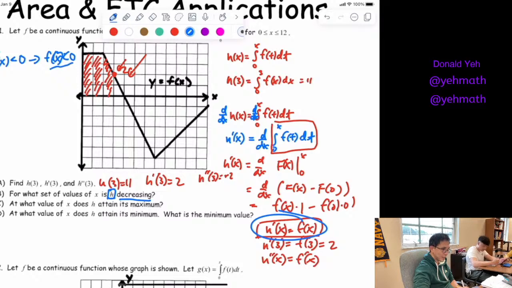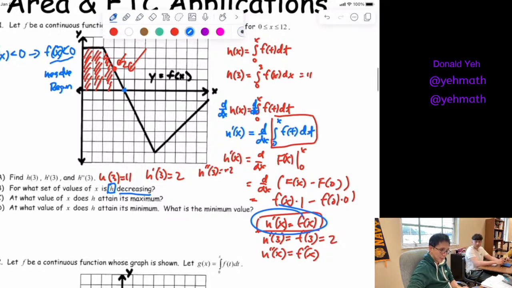When it's less than 0, that means negative region, and that's going to give you decreasing, which from here on is all below the x-axis. So it's going to be from 4 to 12. And why do I know it's 12? Because 0 to 12 here is the restriction. So you're going to do a parenthesis from 4 to 12.